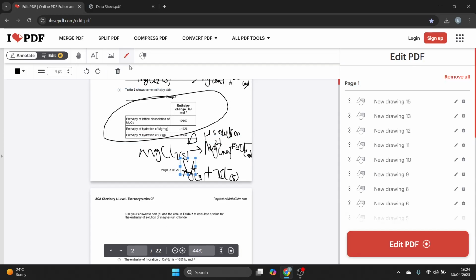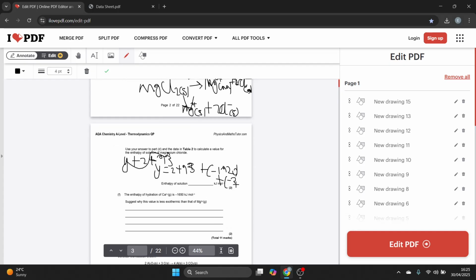So what I'm going to say is y equals 2493 plus minus 1920 plus minus 364, but that needs to be multiplied by 2 because I've got 2 moles of Cl-.